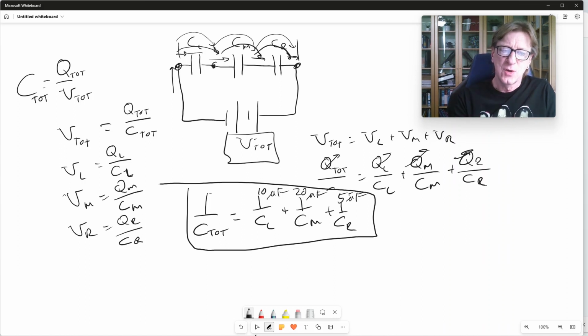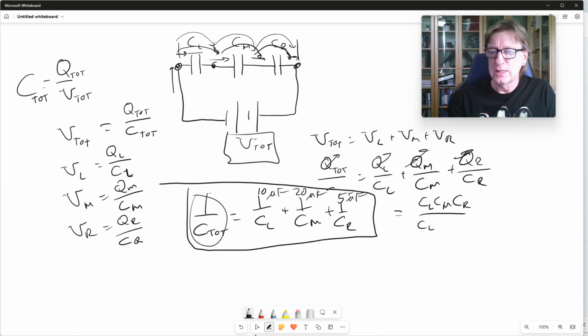Here's a caution. What a lot of students do is 1 over 10, 1 over 20, 1 over 5, times 10 to the minus 6, but then they forget to invert it back. You could get common denominators and add all these up, and you would get something like CL CM CR over CL plus CM plus CR.